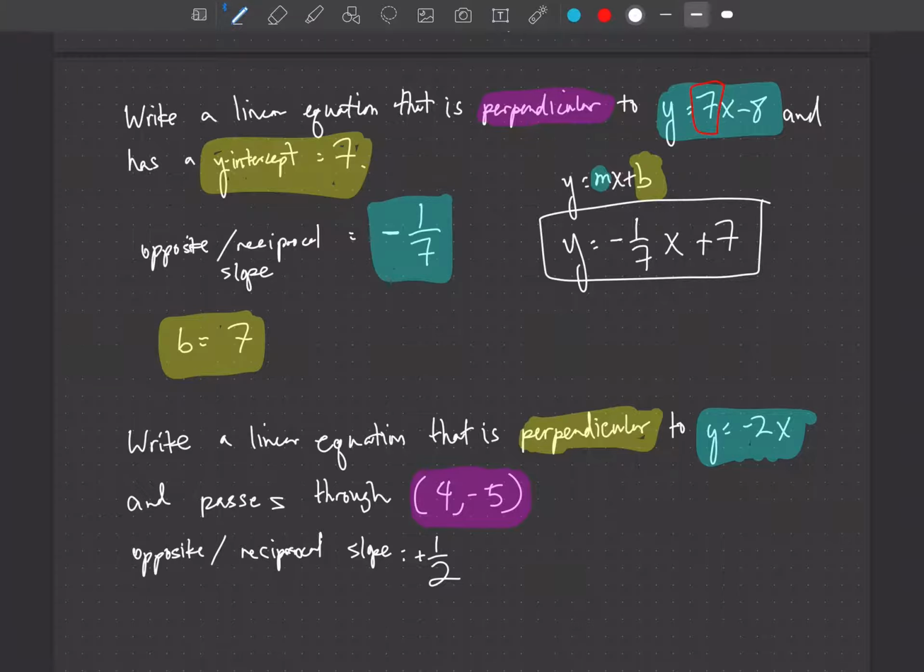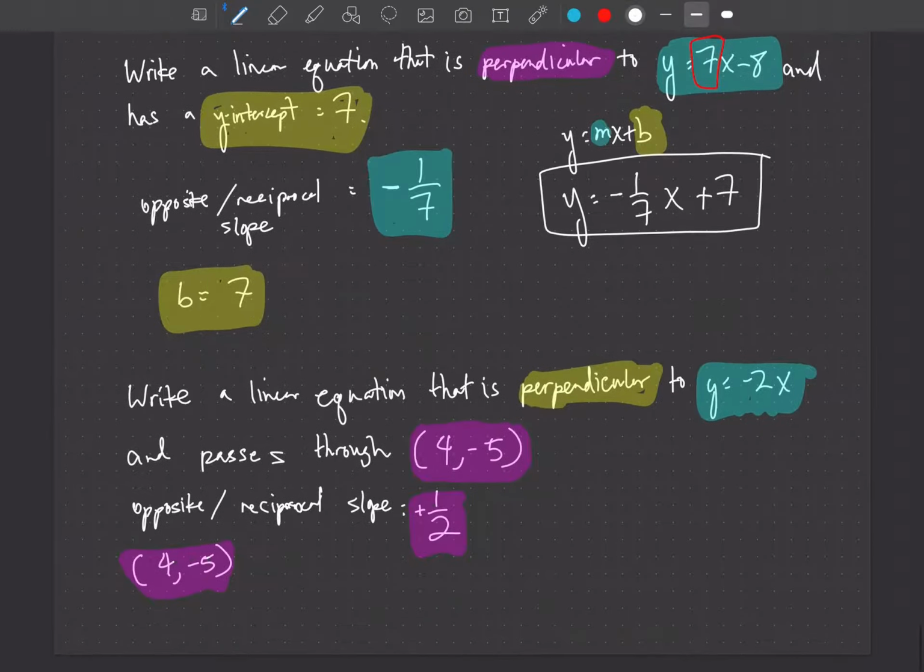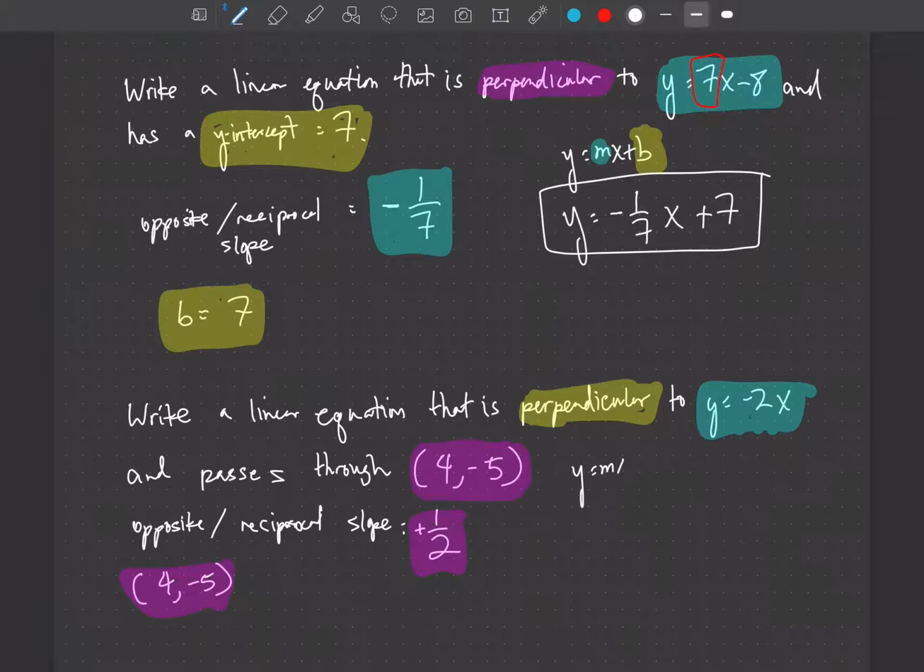My point that I want to pass through is 4, -5. So these are the two pieces of information that I'm going to use for my next step. Let's plug everything in that we know into y equals mx plus b. I know that my new slope is 1/2.